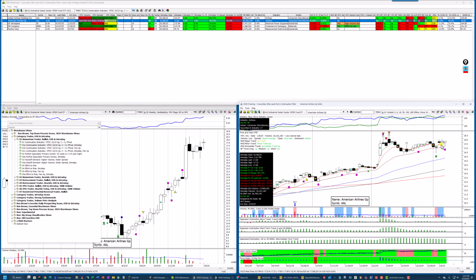I'll bring up the arrow again. 3 has crossed. There's pocket pivot volume on these 2 days. The VPOC is also positive. So this is a continuation stock. Now, it may not continue, but as of the scan from last night, it is passing or meeting all of the criteria.